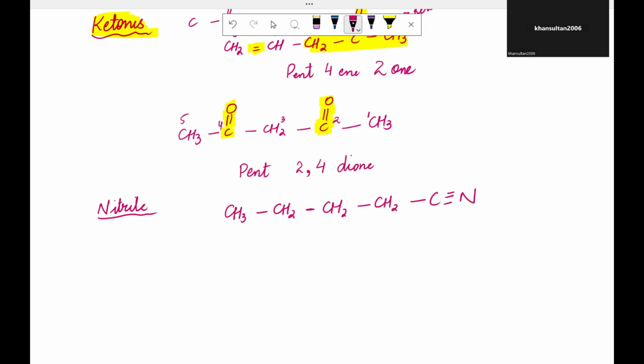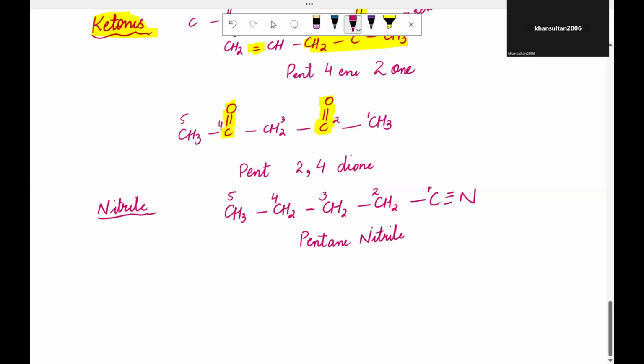Of course, from the right hand side. 1, 2, 3, 4, and 5. So that would become pentanenitrile.